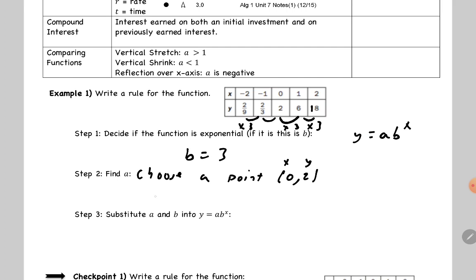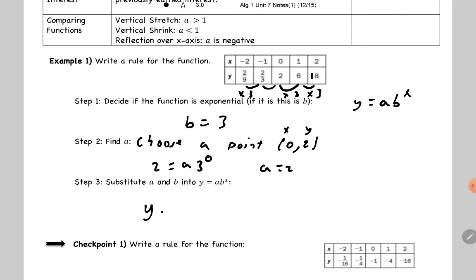So the equation, y, which is 2, equals a, what we're looking for, times 3 to the x, which is 0. 3 to the 0th power is 1. So a equals 2. And then to write our equation, put back a and b into the equation. So 2 times 3 to the x. And that is our equation there.